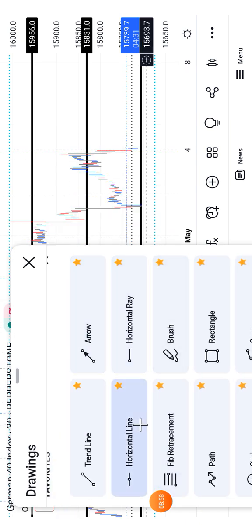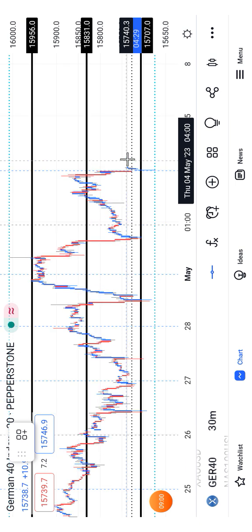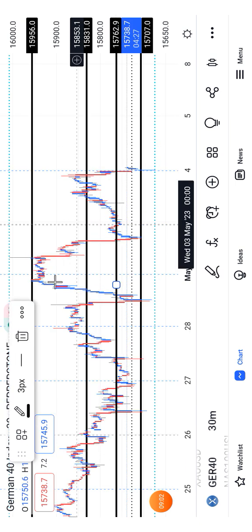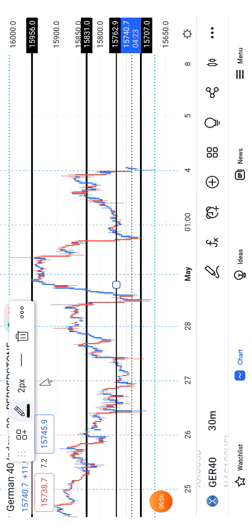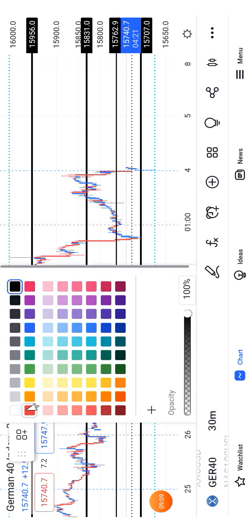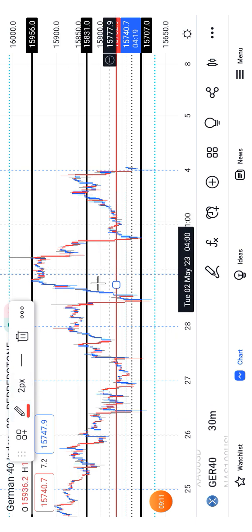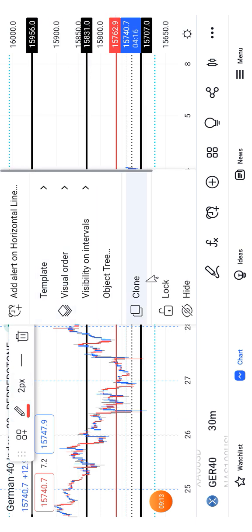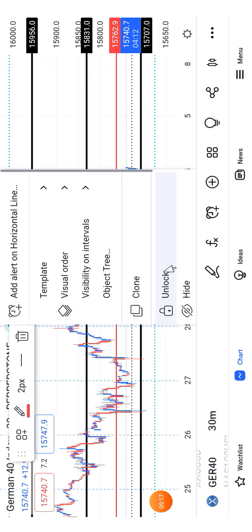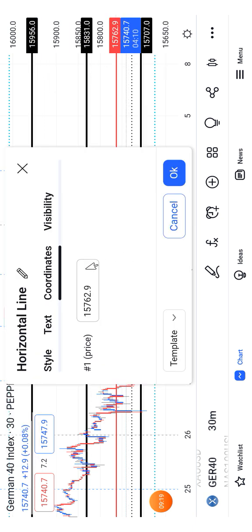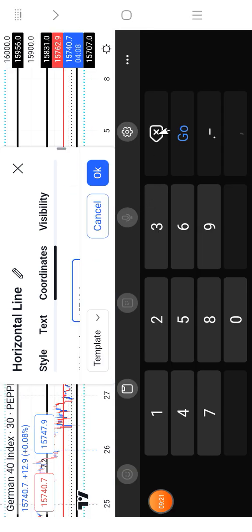So what's going to happen is that we're going to actually edit this. Let me just draw a new one, and then I'm going to change this to 2, change the color to red, and then I'm going to lock this, and then I'll go to settings, and then I edit this.